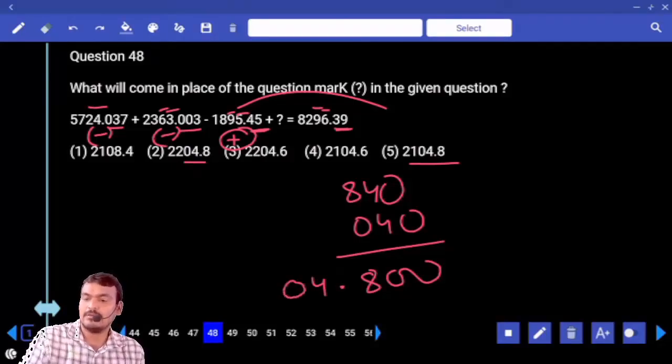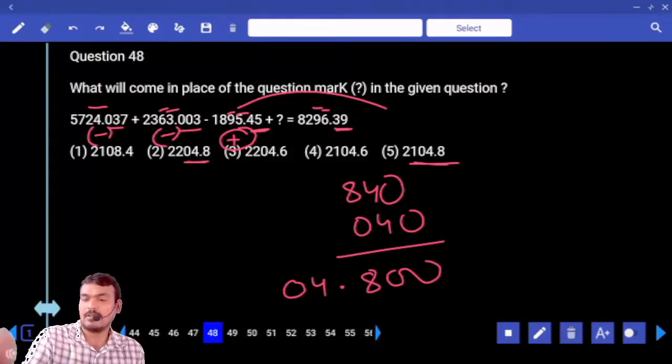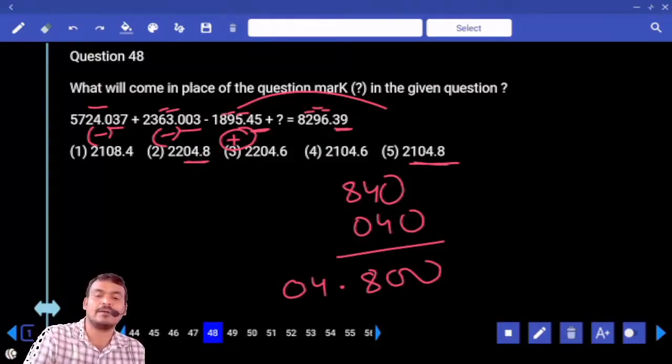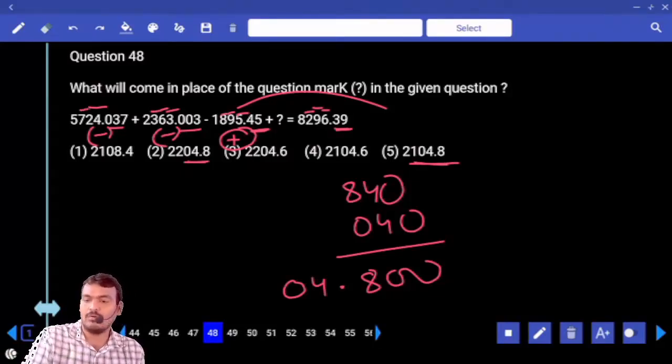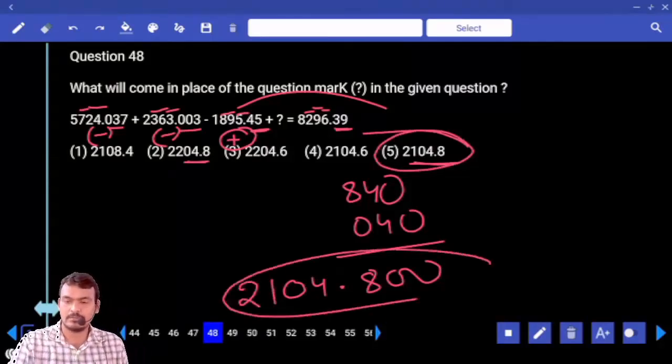Ending with 04 అన్నట్టు. 2 options అన్నట్టు. Next, 2 plus 8, 10. 10 minus 3, 7. 7 minus 7, 0. Nothing but 104. Again 104 means fifth option అన్నట్టు. 2104.8.